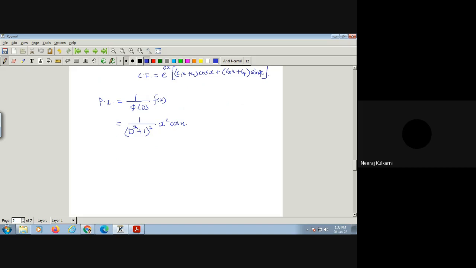Yes, sir. So what the last formula says, for x raised to m cos ax, we can write this as a real part of 1 upon d square plus 1 the whole square. किसका real part? x square e to the power I ax. A is 1, so Ix only.